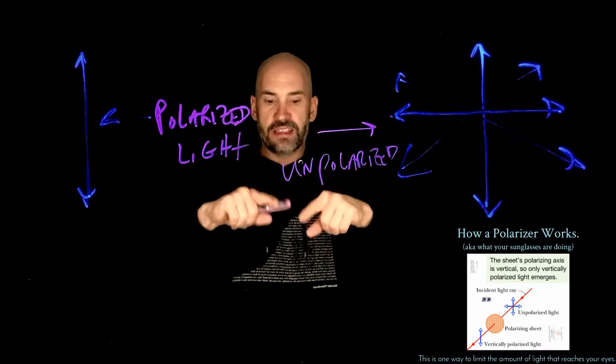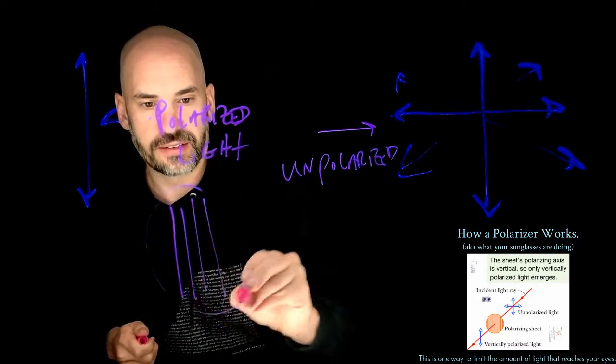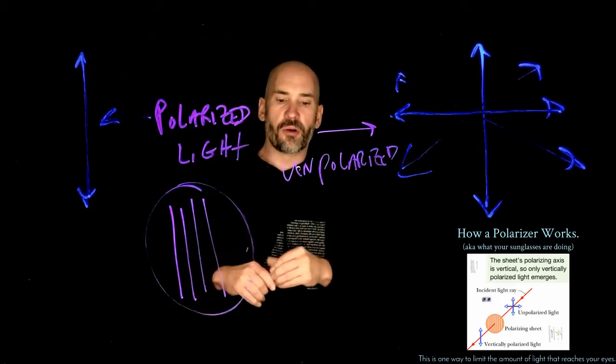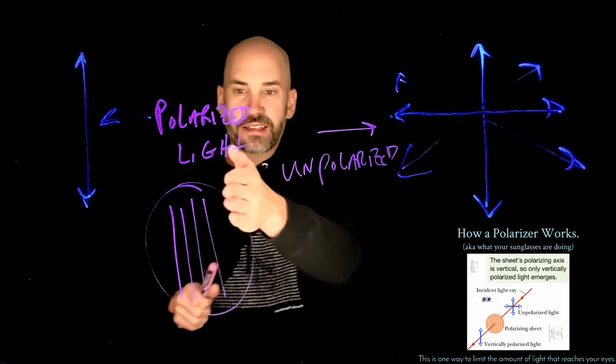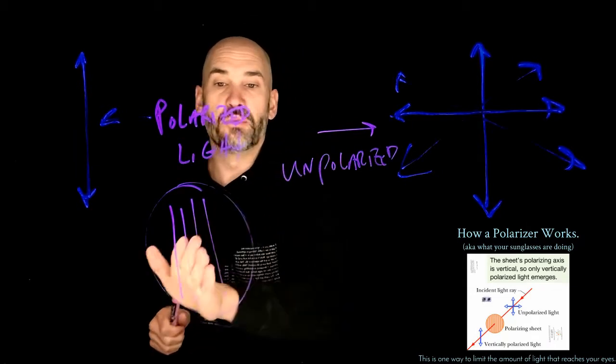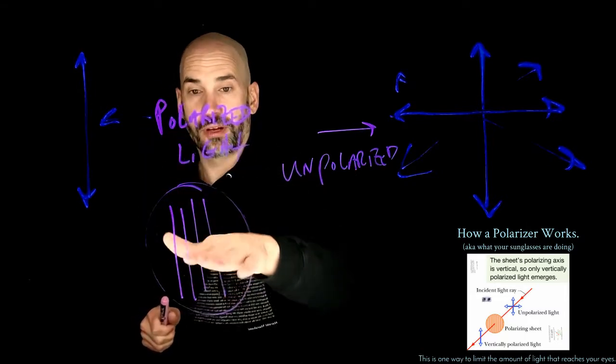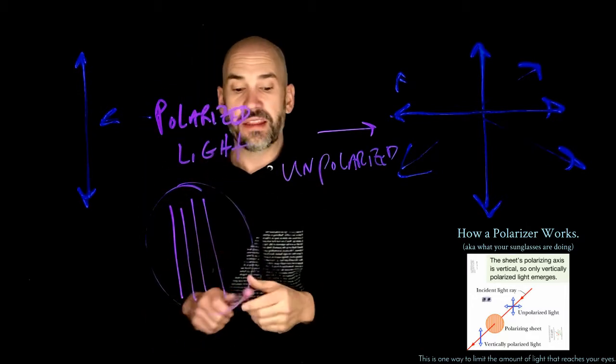You can see there are vertical gratings in this picture, and these little gratings will chop off all the light that's moving on any axis besides the vertical axis. It only allows that.